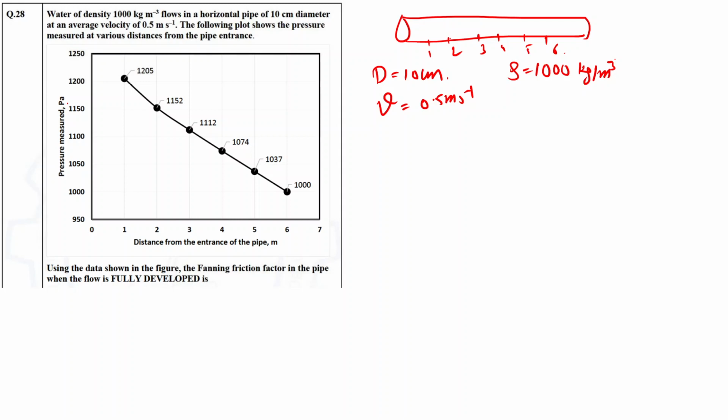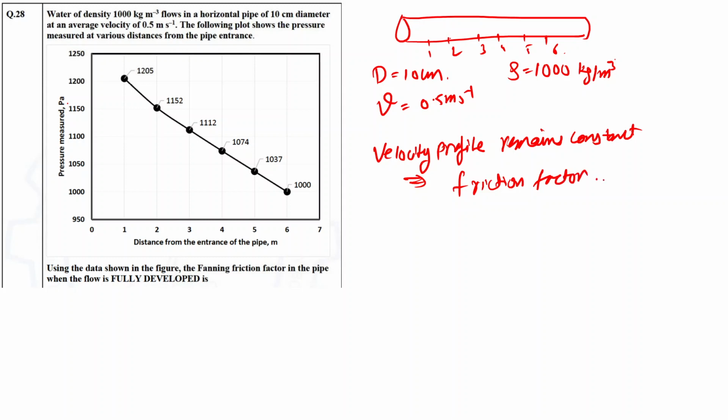So when we say fully developed flow, that means the velocity profile throughout the pipe will remain constant. That implies the friction factor will also become constant.